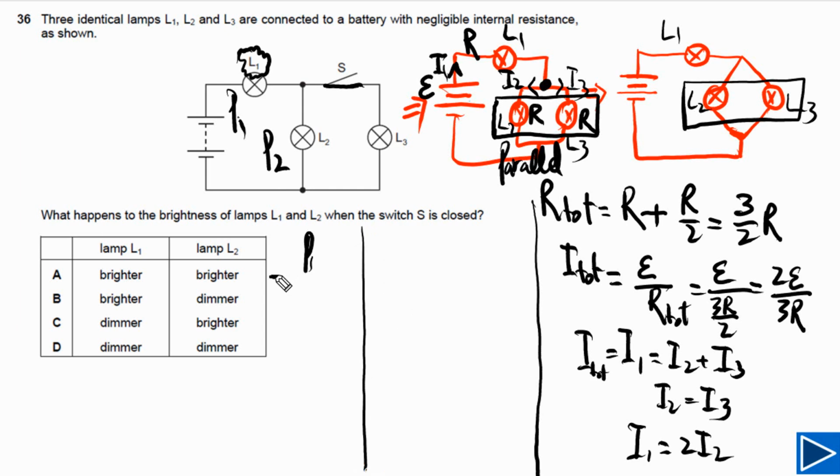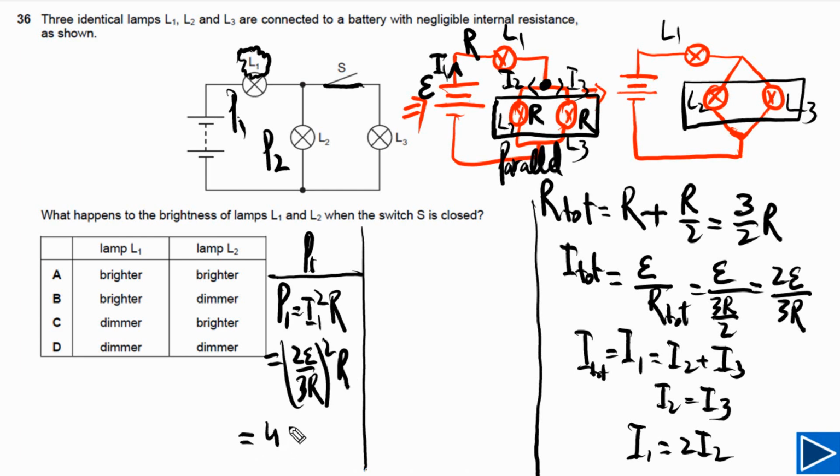P1 is equal to I1 squared times R, and I1 is equal to I total, so this is equal to 2E divided by 3R, squared, multiplied by R. If we simplify this, we get 4E squared divided by 9R. So this is the value of P1.